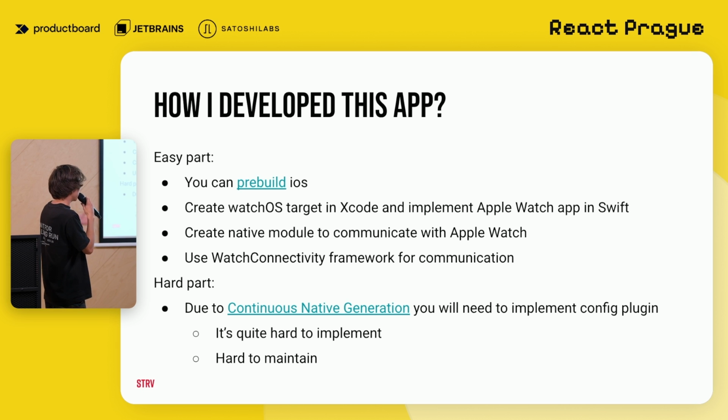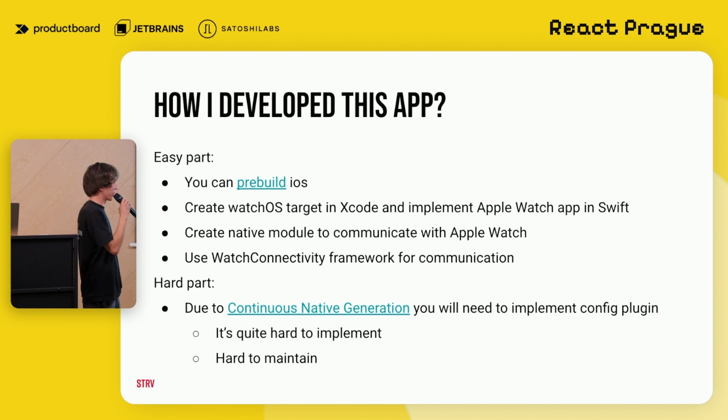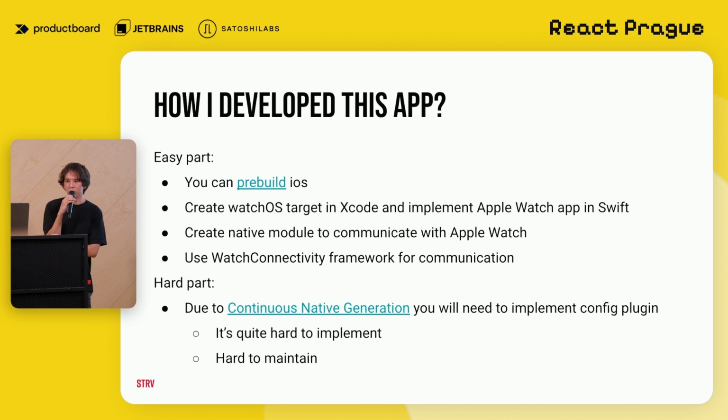Since you're adding a new Apple target and making changes to the native code, you need to write your own config plugin, which is quite hard to implement, and it can be hard to maintain if you have an application with different targets.